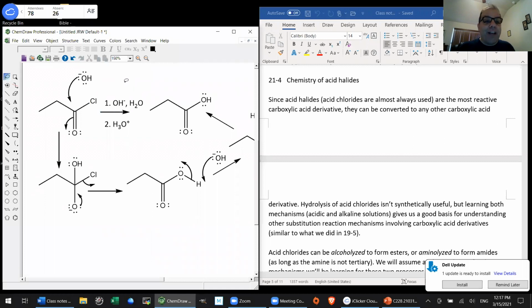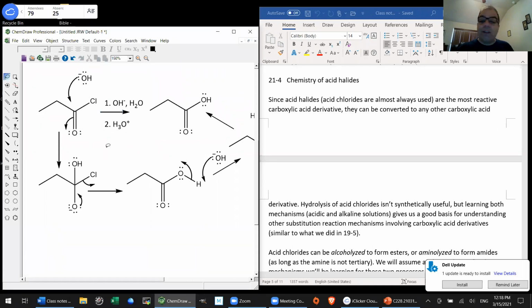But we'll start out by treating the acid chloride with aqueous hydroxide, and then we're going to find we need to do an acidic workup because we'll wind up not with the free acid, but with its conjugate base, the carboxylate ion. And so we need to acidify in order to put that proton back. But we've seen that kind of thing before.